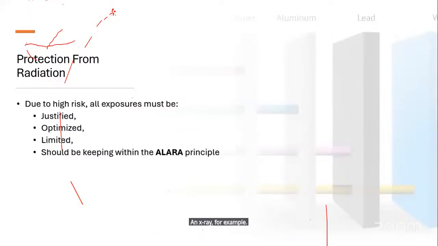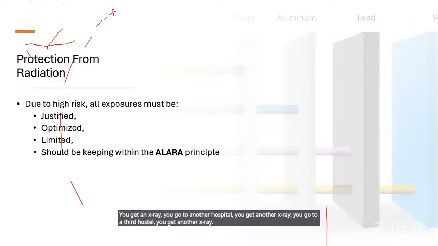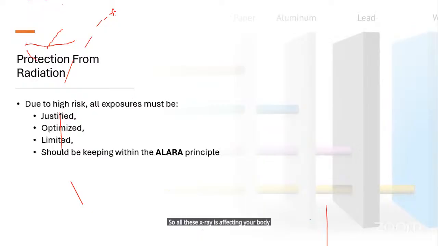Not only the insurance; sometimes we think it's just that insurance doesn't want to pay, but that is one reason. The other reason is that we as humans sometimes ask for a second opinion. You get an X-ray, you go to another hospital, you get another X-ray, you go to a third hospital, you get another X-ray. All these X-rays affect your body; it builds up and will accumulate in your body. So that's what they mean by justification and optimization.